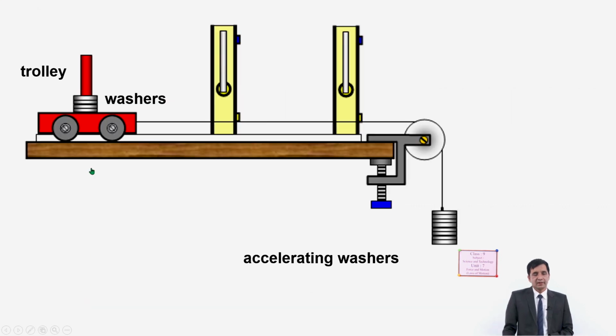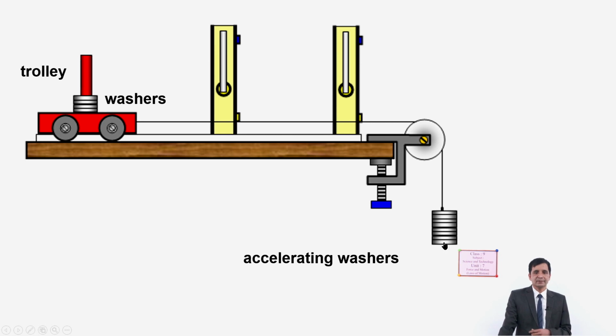Now, this type of activity can be performed in our lab by taking this type of arrangement. Look once. A trolley is taken, and the mass of the trolley can be increased or decreased by adding or removing washers in it. On the other hand, look once, these are the accelerating washers.